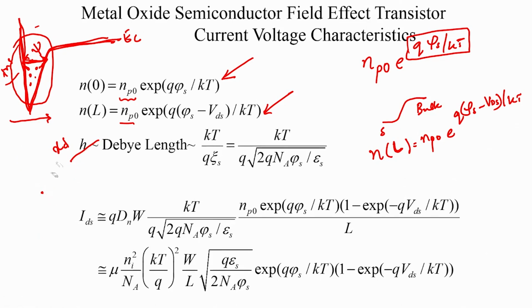Poisson's equation now becomes dE by dx is equal to the electron charge divided by epsilon, plus the acceptor ion charge. So, this is the Poisson's equation that we need to solve, and this is a function of the potential.